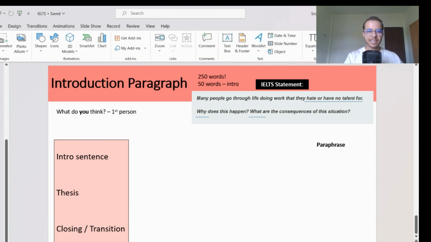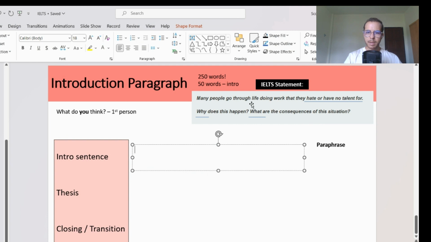So, let's look at this question. Many people go through life doing work that they hate or that they have no talent for. Okay, personally, I don't want to use the strong words like hate or have no talent for. So my introduction sentence is going to paraphrase this in a similar way.